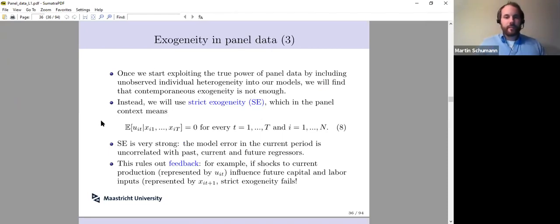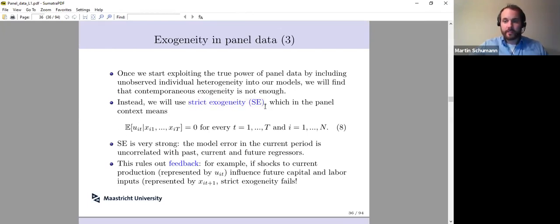Now, this is again looking ahead. Once we really start exploiting the power of panel data, mainly by including unobserved individual heterogeneity, say to account for individual ability, motivation, this kind of thing, we will again see that contemporaneous exogeneity is not enough. A condition that you will often see in textbooks is this here, strict exogeneity.